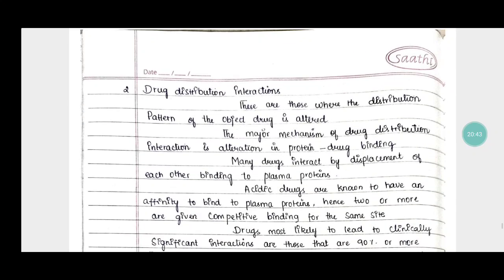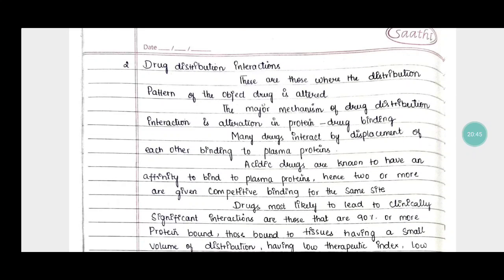absorption. Number second, that is drug distribution interaction. These are those where the distribution pattern of the object drug is altered. Many drugs interact by displacing each other from binding to plasma proteins.